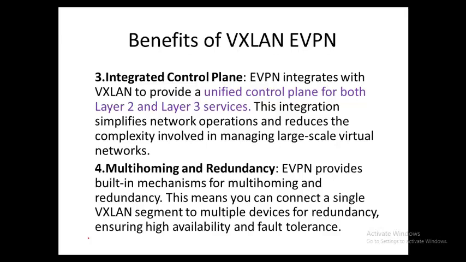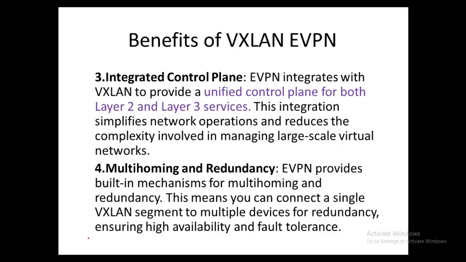Now, multi-homing, you know what is multi-homing? You will have multiple connections so that if one connection goes down, you will have another. Let's read what is written here. EVPN provides built-in mechanism for multi-homing and redundancy.